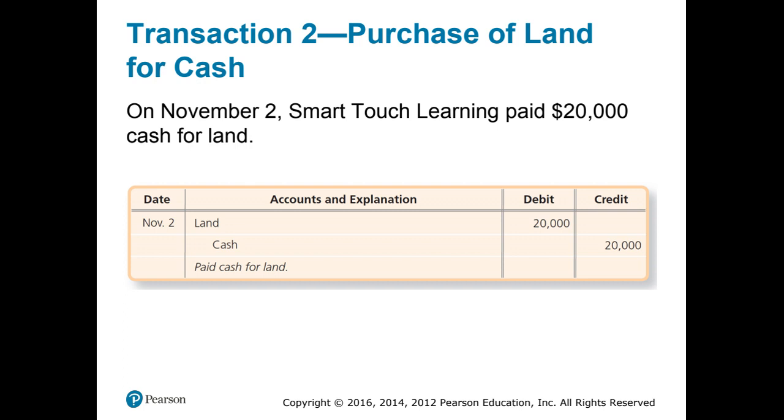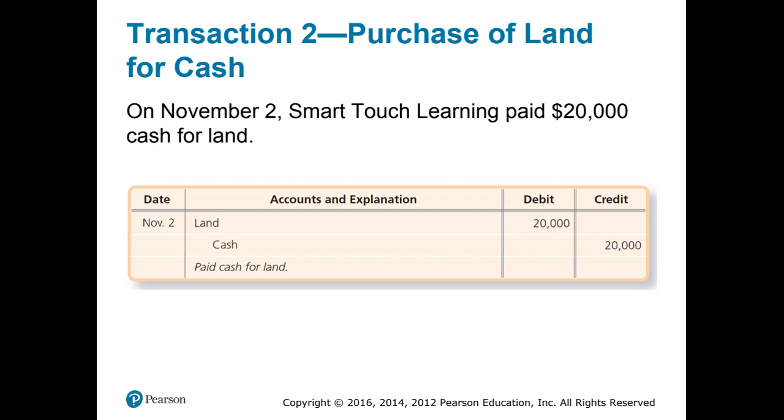So we have 2 asset accounts involved. Then we need to decide whether each account increases or decreases, and then apply the rules of debits and credits. We paid $20,000 out, so our cash went up or down? Yes, cash went down, money went out. So we're down $20,000.